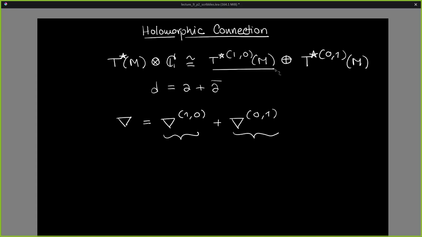And the reason I bring this up is because this structure of the cotangent bundle is exactly why we can split this into two parts.